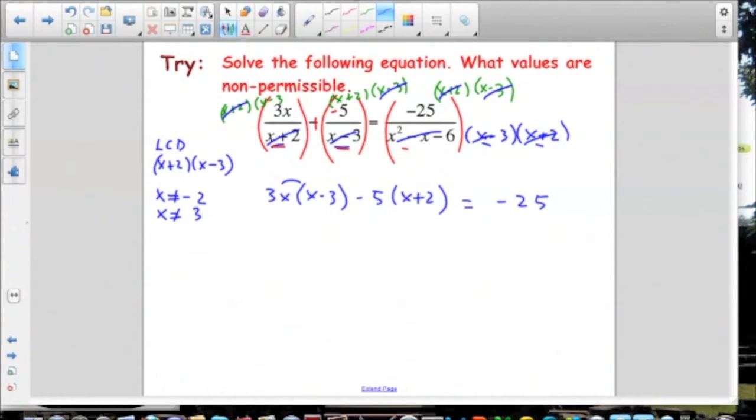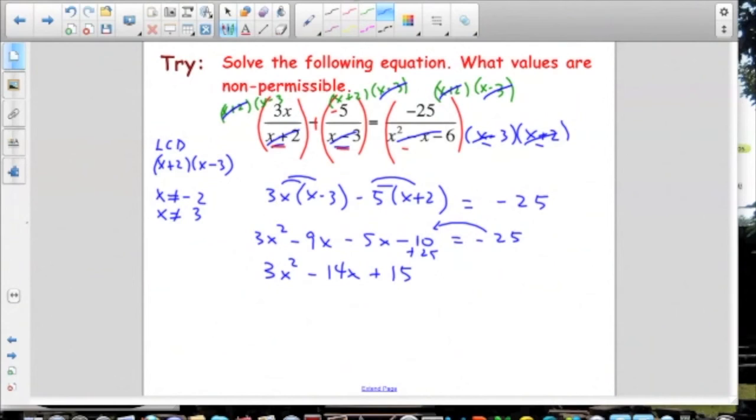Okay, let's distribute. So we get 3x squared minus 9x. We get minus 5x minus 10. So now we have like terms coming together. This comes over and we add a 25, so it's plus 15. Okay, I don't feel like doing triple play. It's going to be too much for my brain at this point, so I'm going to use my quad.